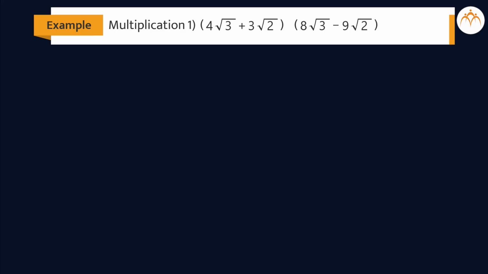First example: 4 into square root of 3 plus 3 into square root of 2 multiplied by 8 into square root of 3 minus 9 square root of 2.